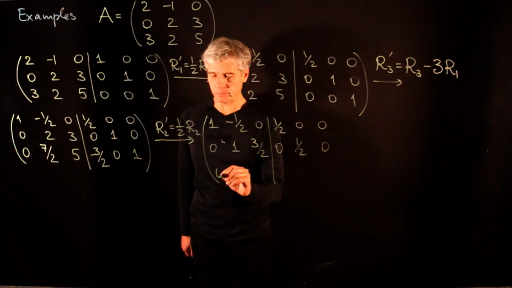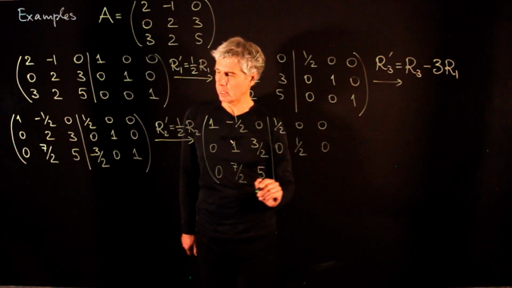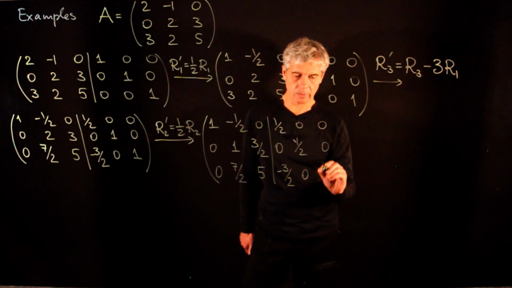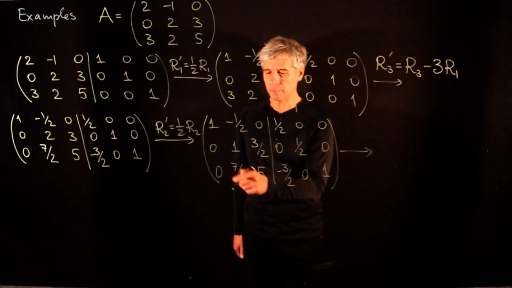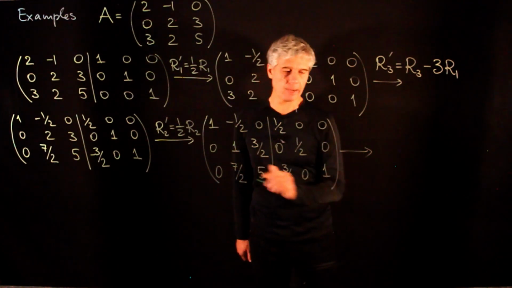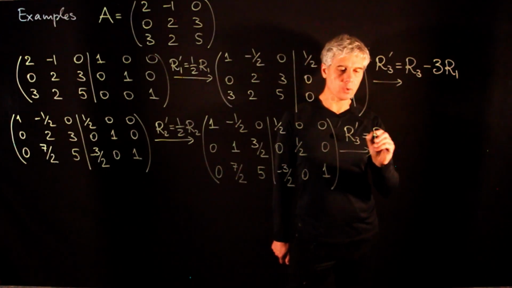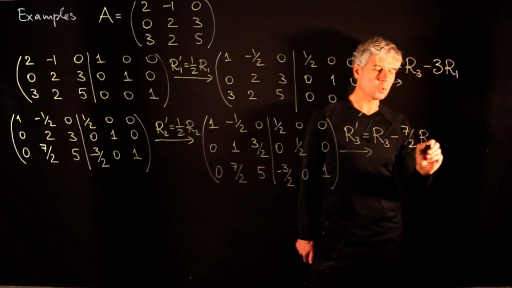And here we have 0, 7 halves, and 5. And -3 halves, 0, and 1. So now we eliminate 7 halves. So we say row 3 new is row 3 minus 7 halves times row 2.